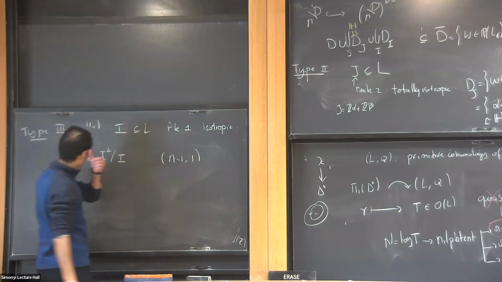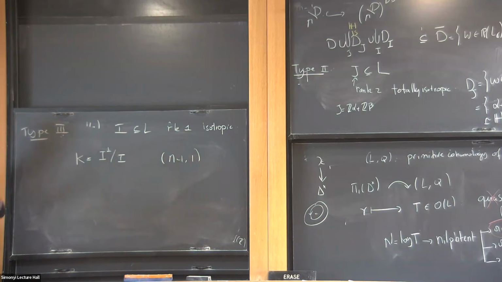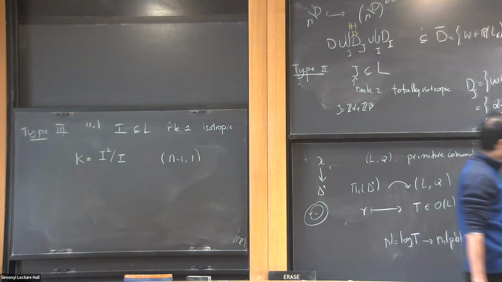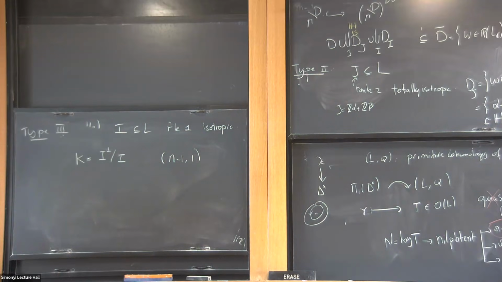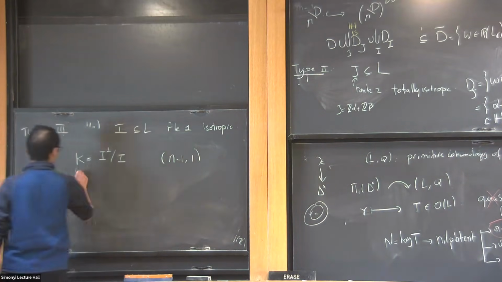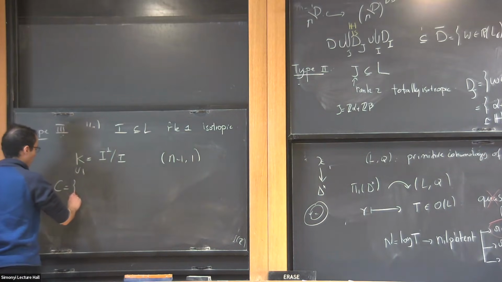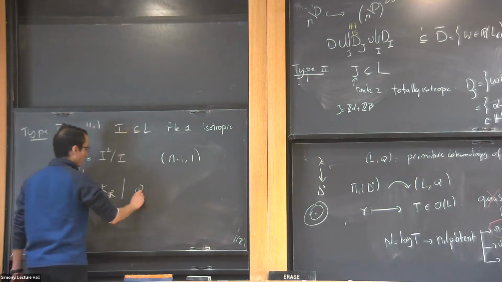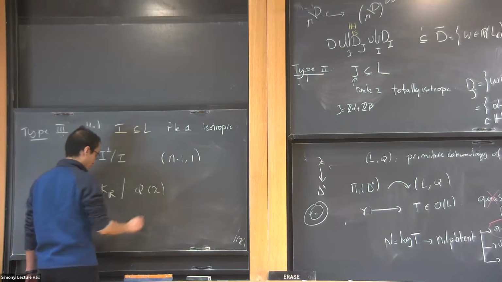Okay, so it's a Lorentzian lattice. Inside this lattice, there is a cone of vectors that have negative norm.